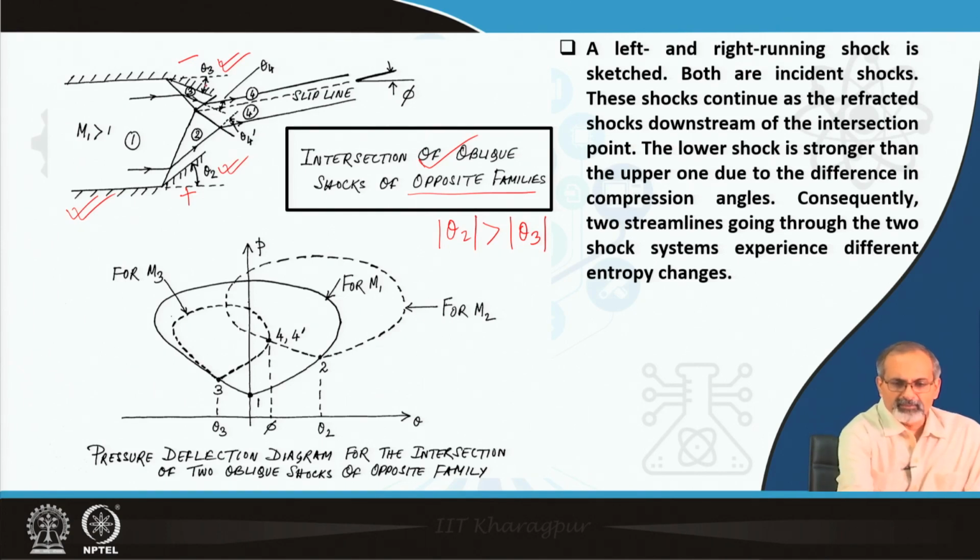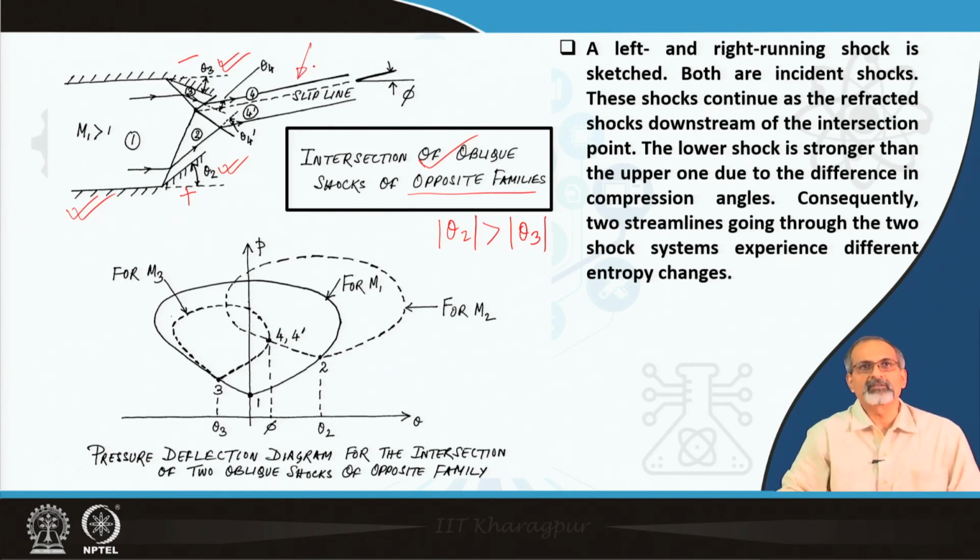Further, as you may understand from the diagram here, as the two shocks get created, they reach an intersection point and they refract beyond that intersection point, propagating in slightly different directions downstream.